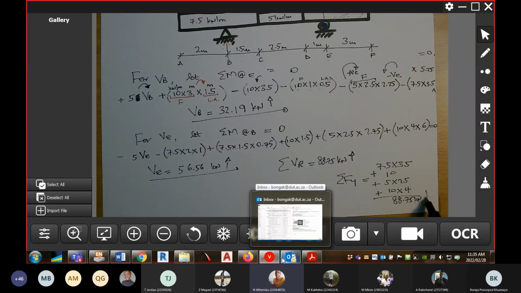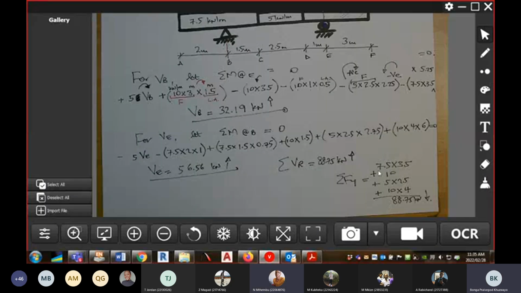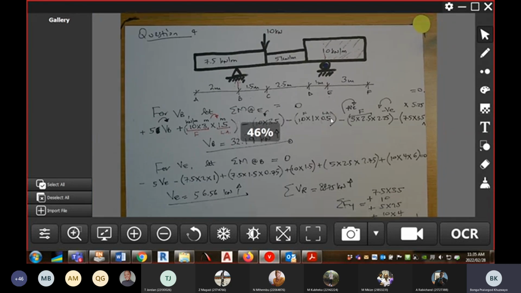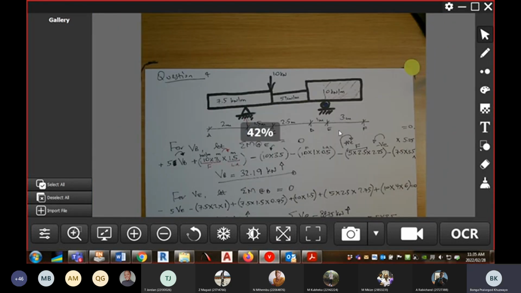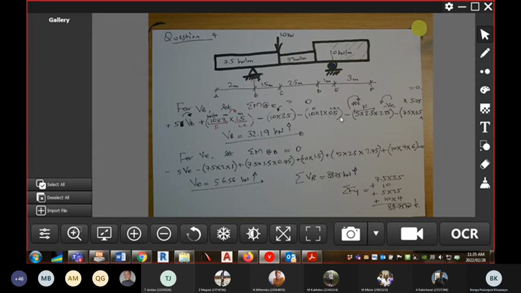Okay. All right. Right. Thank you very much. And then basically it's okay. So this is how you're going to check your support reactions. This is how you're going to calculate your support reactions, right?